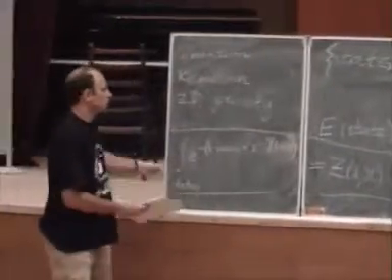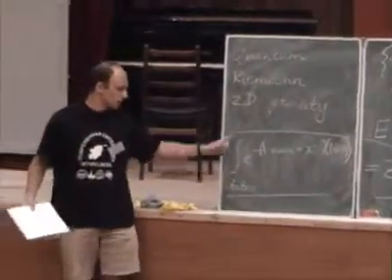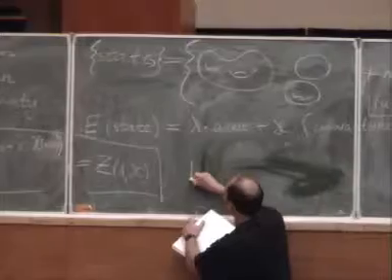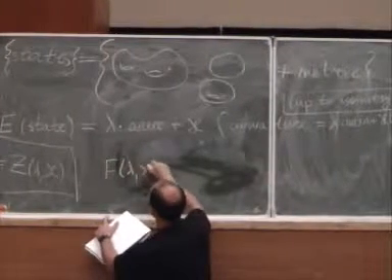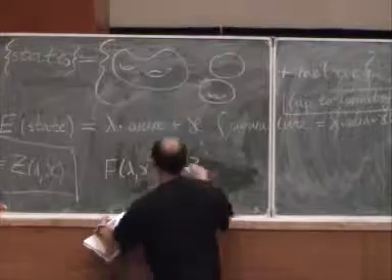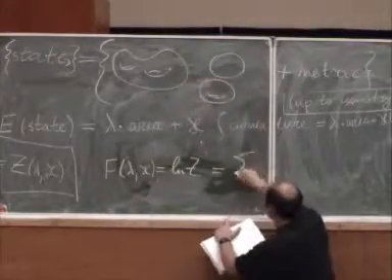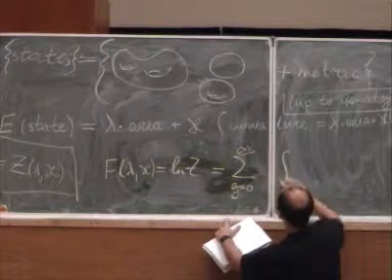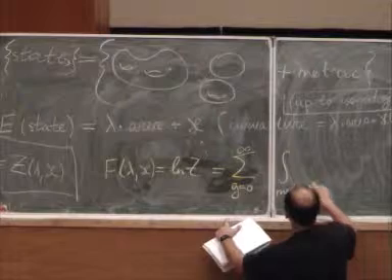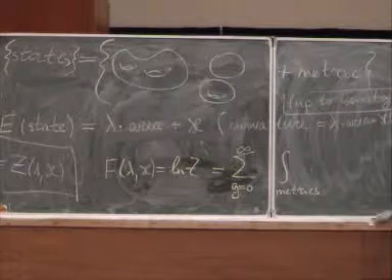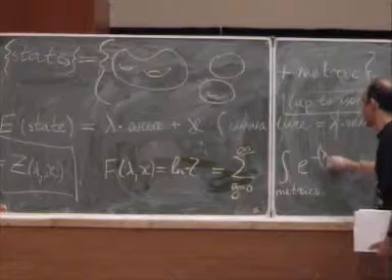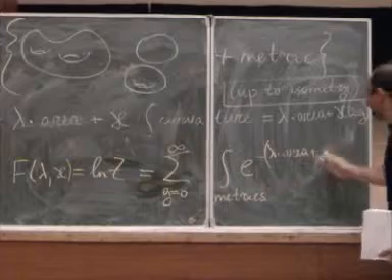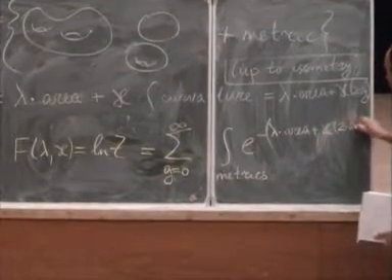The partition function is the integral over all possible surfaces, not necessarily connected, but as before you can see that F of lambda and kappa, which is the logarithm of Z, is the sum over all genera of the integral over a genus g surface, e to the power minus lambda times the area plus mu plus kappa times (2 minus 2g).